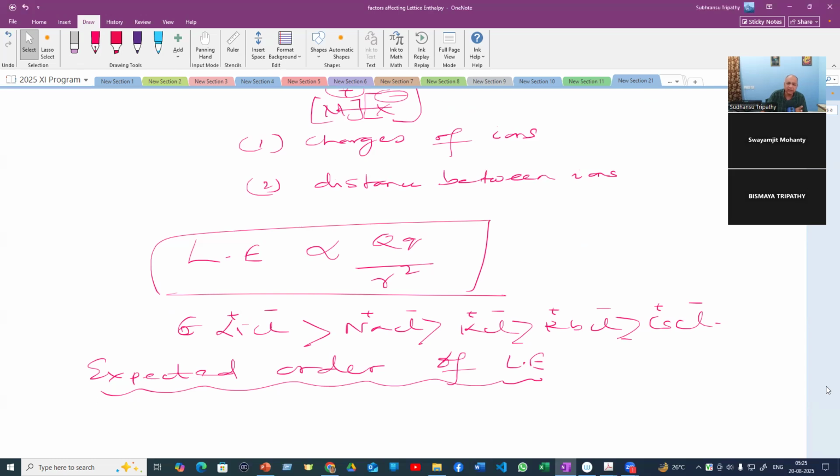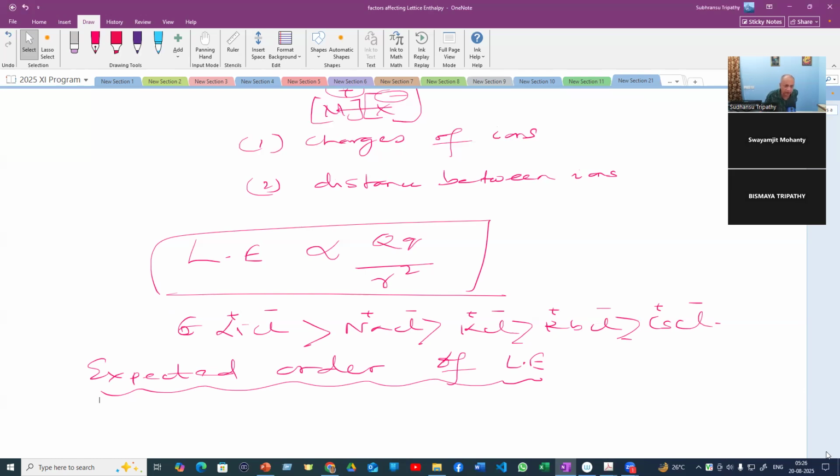Lattice enthalpy is based on two factors, the magnitude of charge and the separation between them. And if the magnitude of charge is destroyed because of some covalent character, some overlapping of orbitals of lithium and chlorine, then the lattice enthalpy gets reduced.